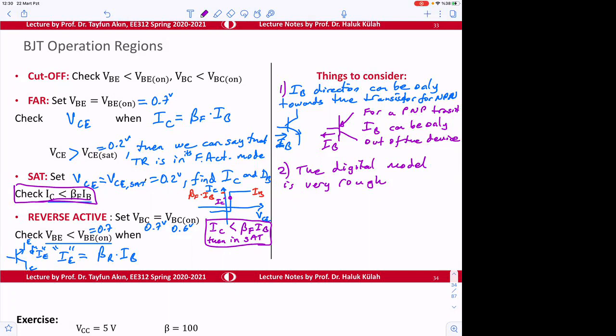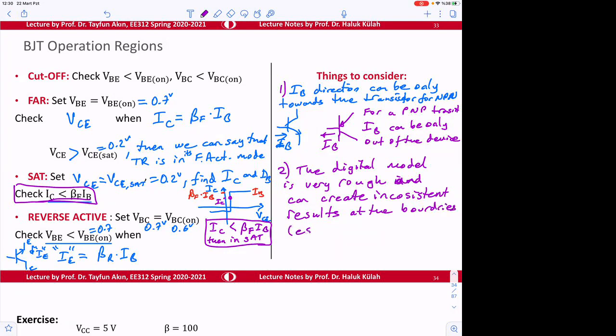In some cases, rough, and can create wrong results at the boundaries.